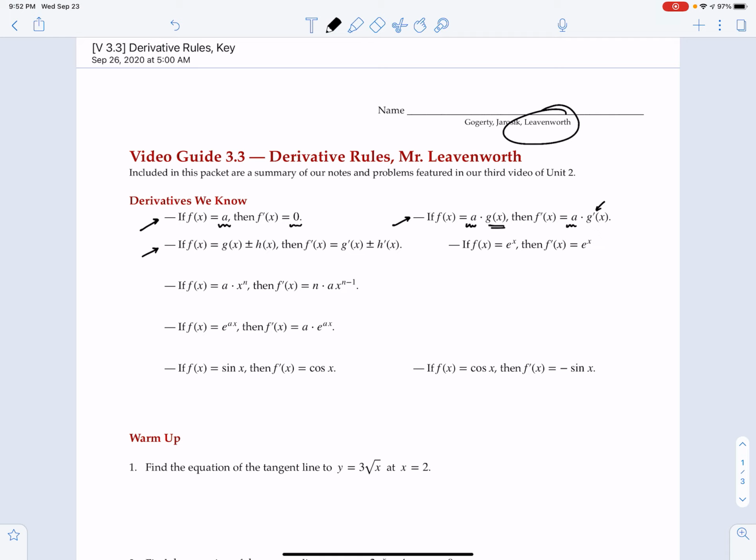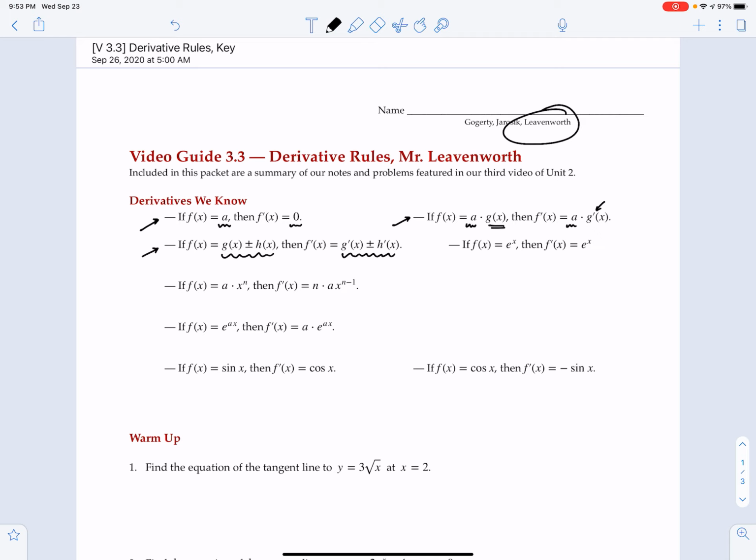And similarly, our third option here is if we have a sum or a difference of two functions and we want to take the derivative of that whole expression, it is simply the sum or the difference of the derivatives. That unfortunately does not work with two functions multiplied together, or certainly a quotient of functions, or a rational function with one function in the numerator and one in the denominator.